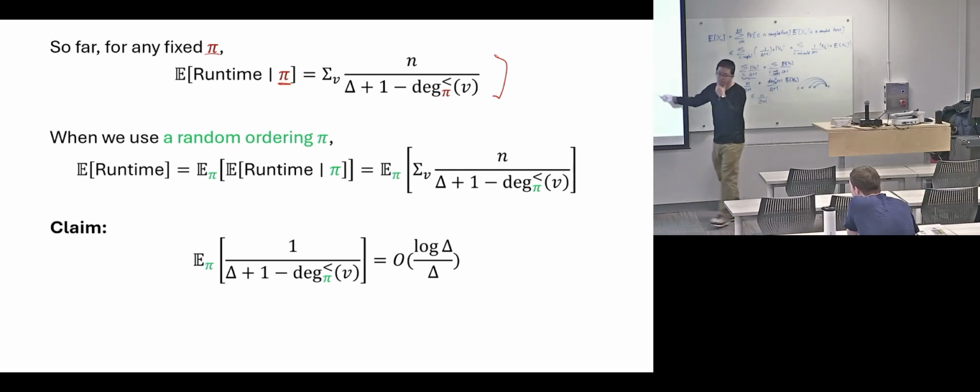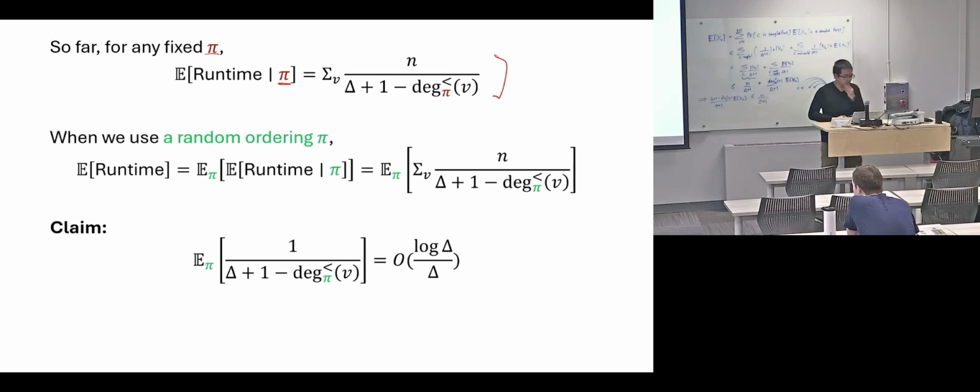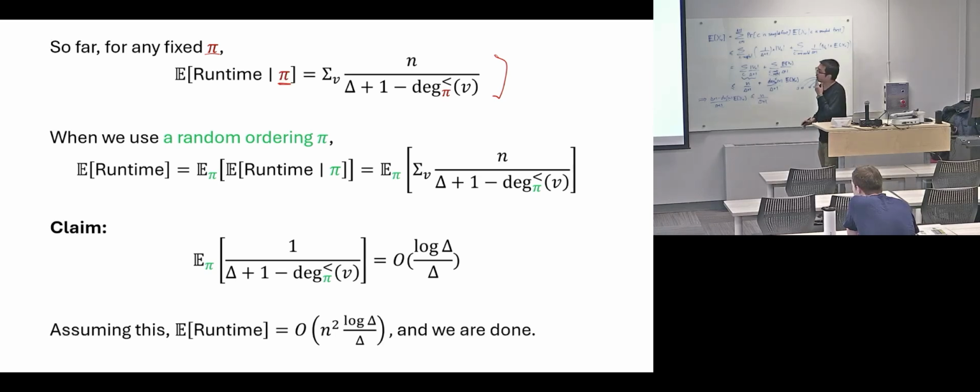We're going to see this soon, but once we see this, it means that each of these terms is just log delta over delta. So the total runtime is n log delta over delta, summed over all nodes. So you get n squared over delta times log delta. Okay, so let's try to prove this.